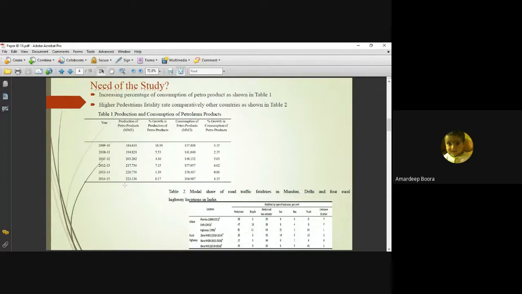You can see it is increasing from year to year, and so is the modal share of road traffic fatalities, meaning how many people die or meet accidents while traveling on the road, like pedestrians in Mumbai, Delhi, and on rural highways in India. So that is also increasing. Therefore there is a requirement to study this in order to reduce this fatality and accidents, and to reduce our dependence on vehicles so we can reduce petroleum consumption. Right now the petroleum cost is more than 100 rupees per liter.